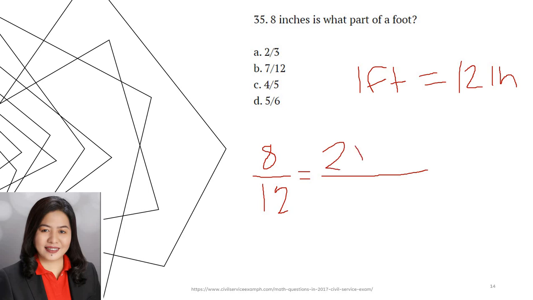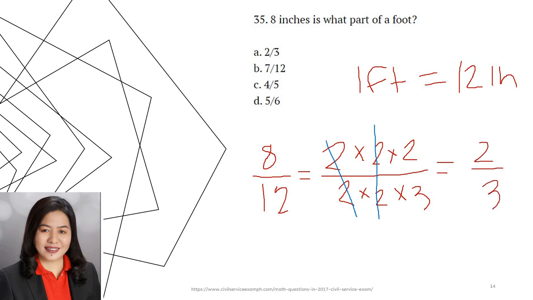So 8 is 2 times 2 times 2. And 12 is 2 times 2 times 3. So 2 and 2 cancel, 2 and 2 cancel. So we are left with 2 out of 3. So 8 inches is 2/3 of 1 foot. So that will be the last number.